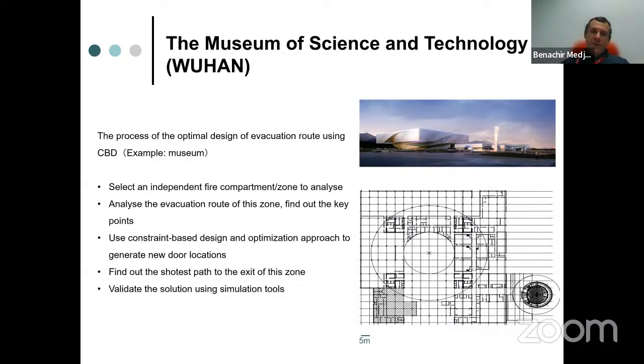We can use optimization models which allow you either to maximize or minimize some variables. We used that technique to first represent the circulation of the building using a graph, and to minimize the paths while changing the door location. That's the approach we used. To validate our solution, we ran the same crowd movement simulation with the new solution, to compare with the previous one and see if we are improving or not.